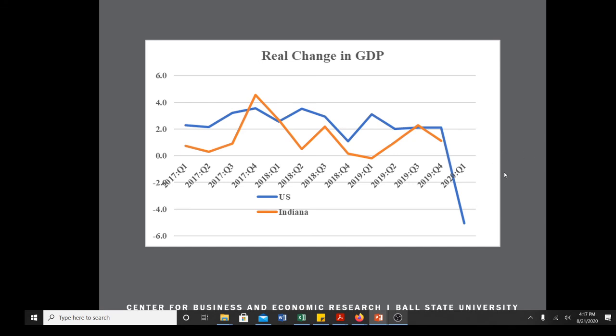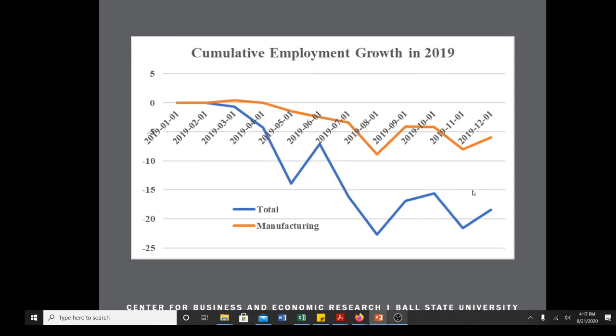Give us a good sense of what's happened in the state since 2017, and cumulative employment growth since 2019. This illustrates that Indiana is moving into a recession in 2019 before COVID raised its ugly head to make things worse.